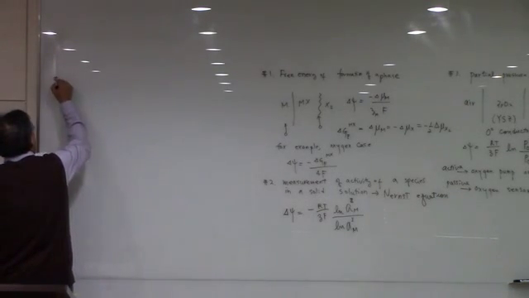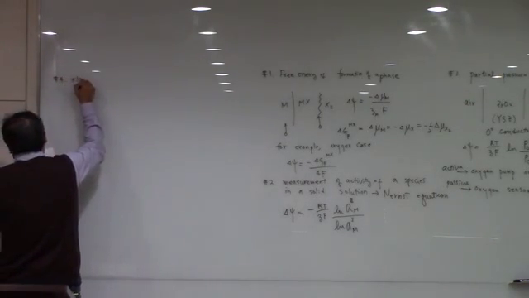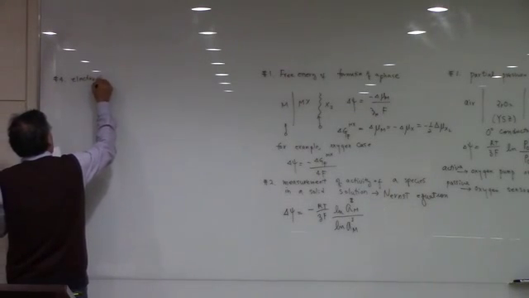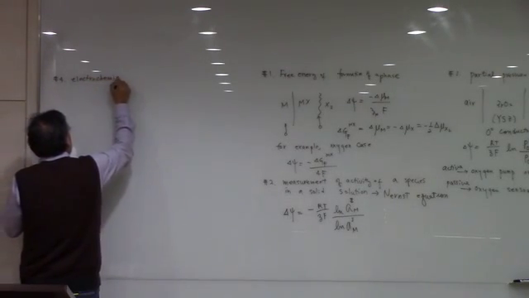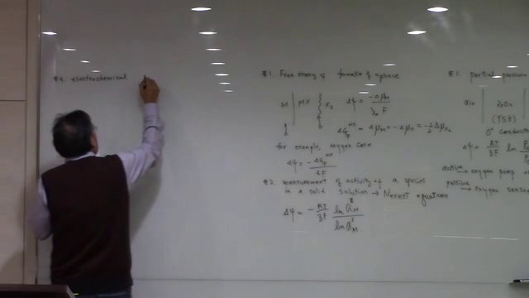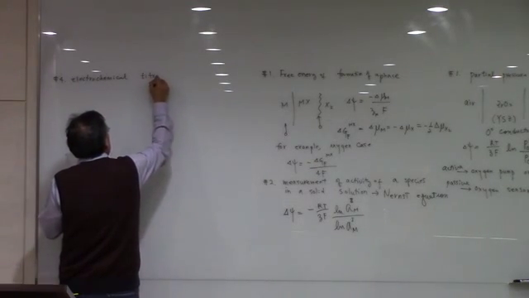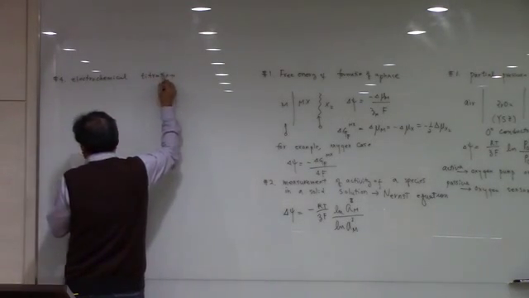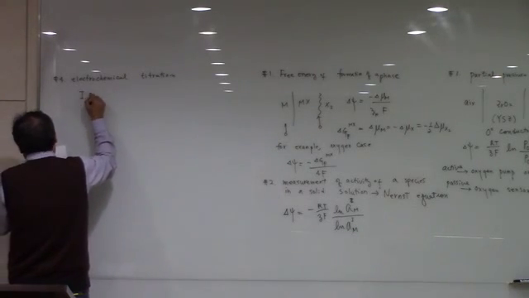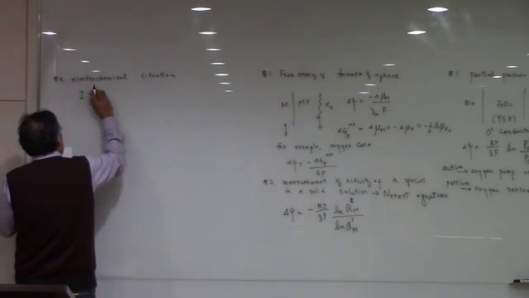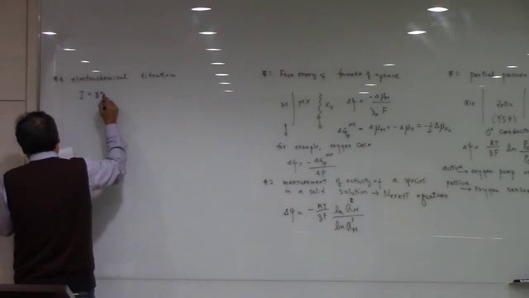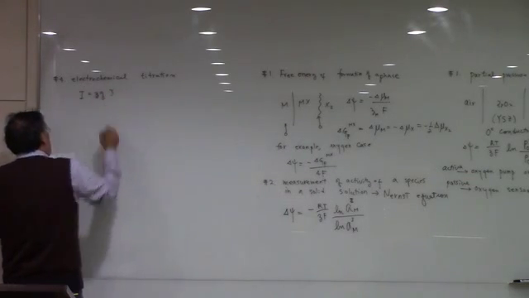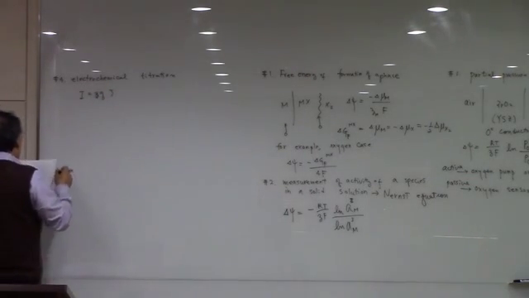Number 4, electrochemical titration. The current is going to be ZQJ, right? The flux.